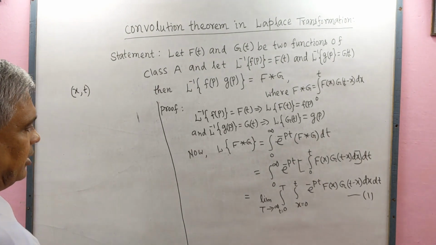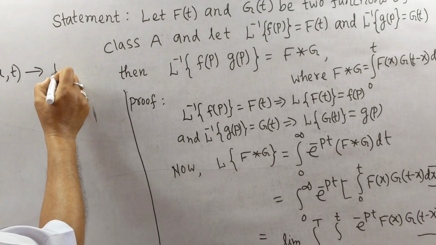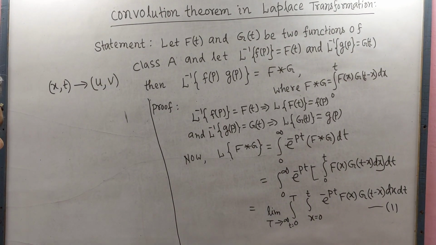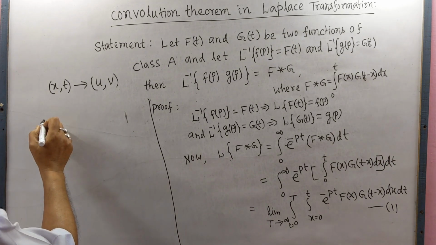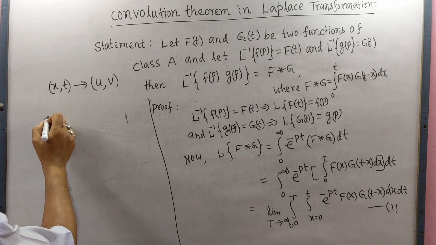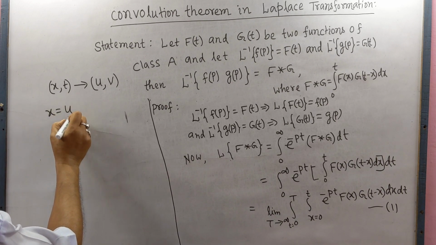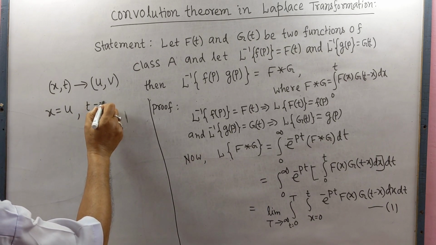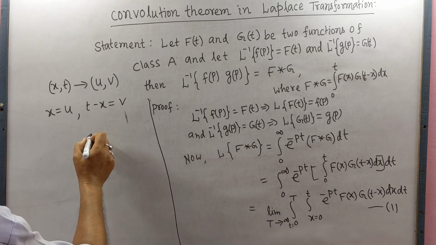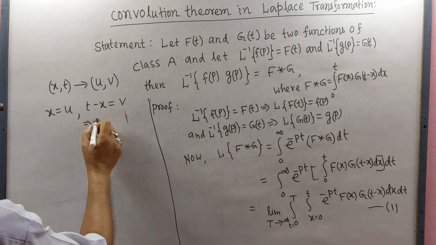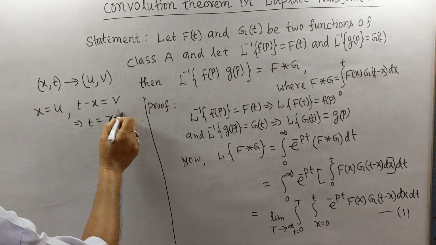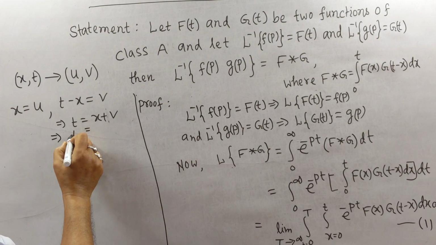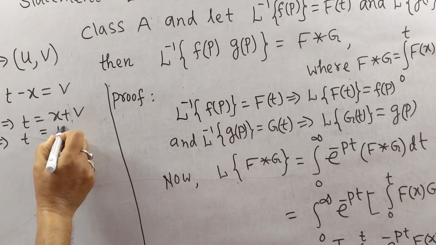We will change these variables into u, v, where x equal to u and t minus x equal to v implies that t equal to x plus v, implies that t equal to u plus v.